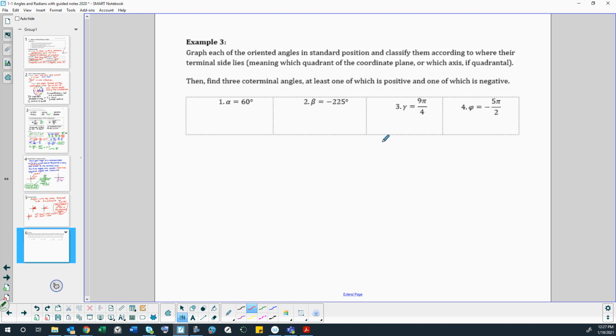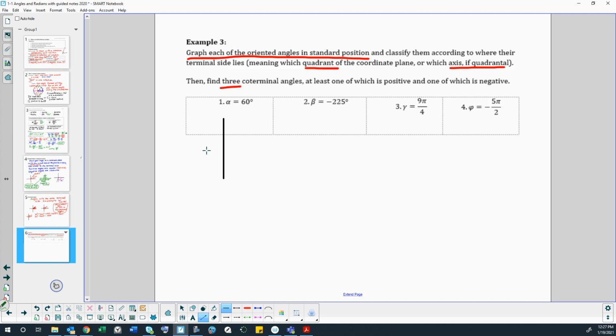Then find 3 coterminal angles, at least one of which is positive and one of which is negative, for each of the angles. So let's underline all the information we're finding here. We're finding 3 coterminal angles. We're graphing the oriented angle in standard position. We're telling what quadrant it lies in or which axis if it's quadrantal. Right?